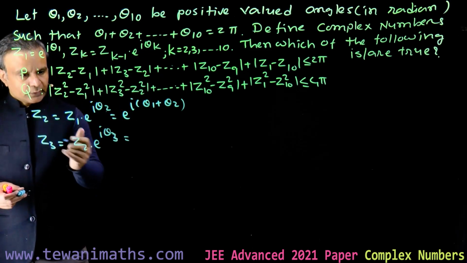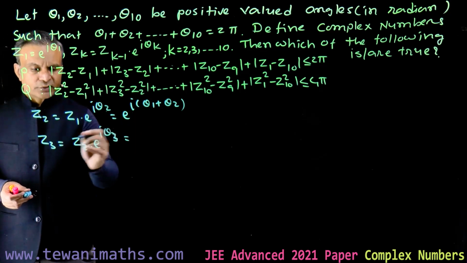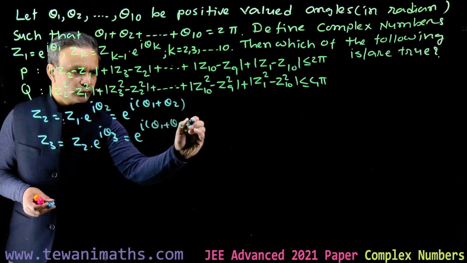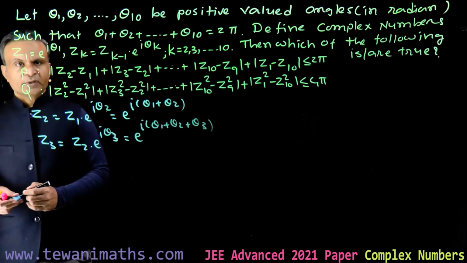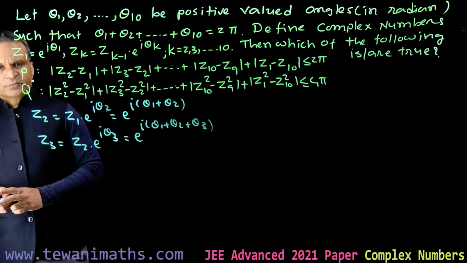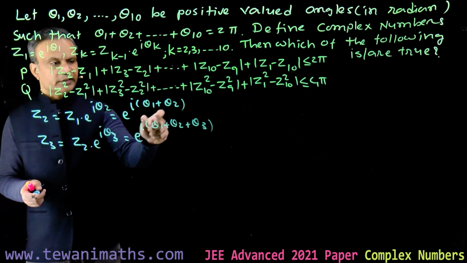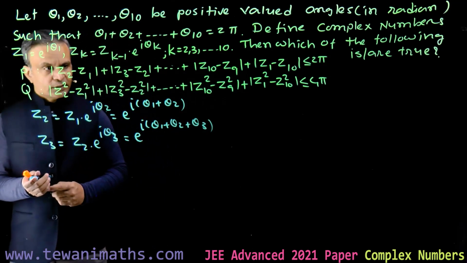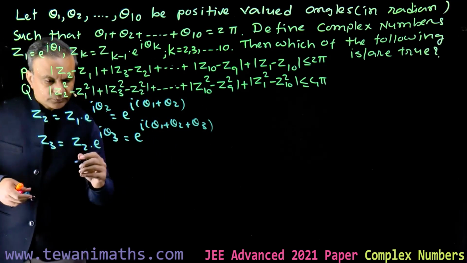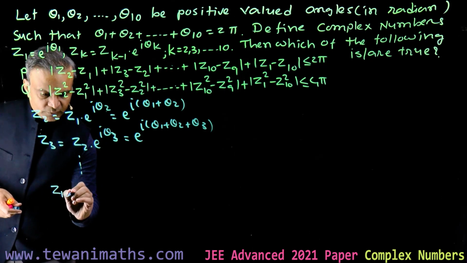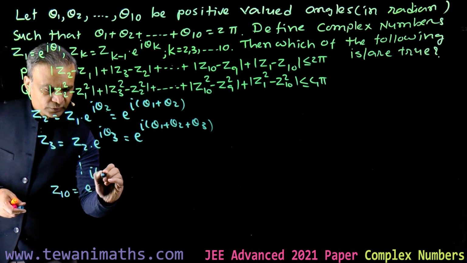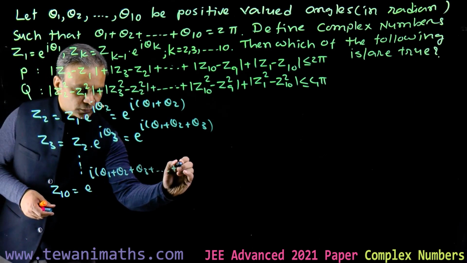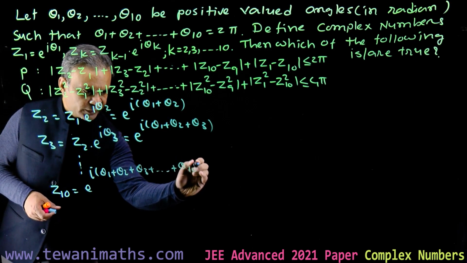Now z2 is this, so z3 will be e power iota (theta 1 plus theta 2 plus theta 3). Similarly we get other complex numbers, z4 will be e power iota (theta 1 plus theta 2 plus theta 3 plus theta 4), and then z10 will be e power iota (theta 1 plus theta 2 plus theta 3 up to theta 10).